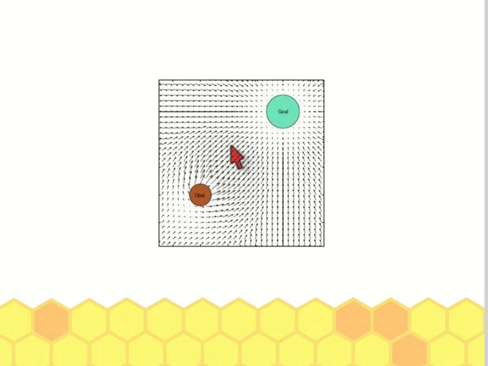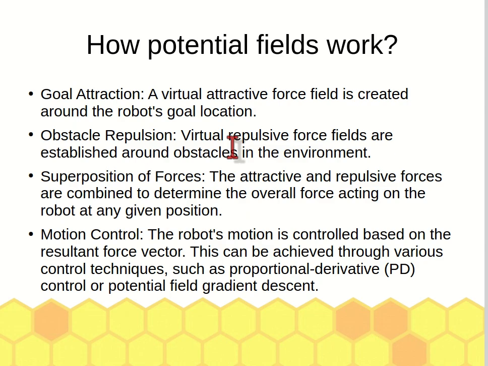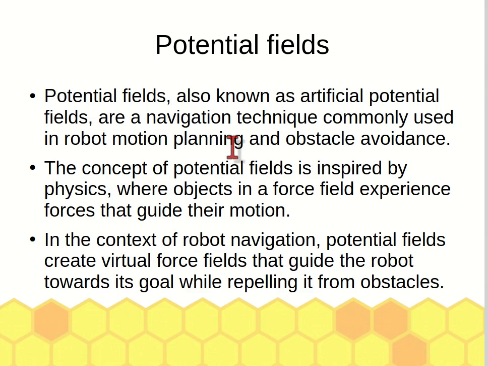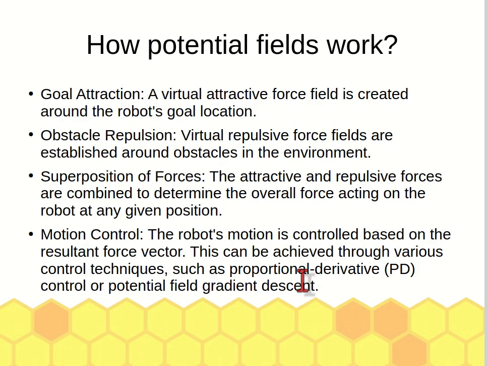So based on the value here, the robot will try to move away from the obstacle, but be attracted to the goal. So that is the basic idea of potential field. It differentiates the obstacle and the goal based on this energy, the repelling forces and the attractive forces. So we have goal attraction and obstacle repulsion.